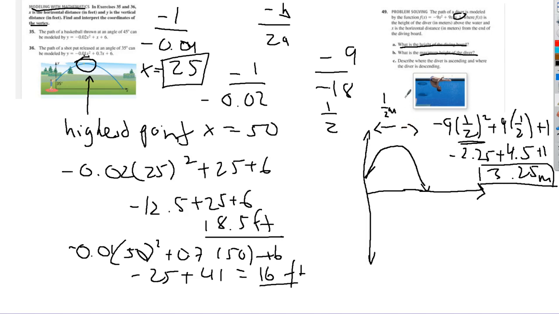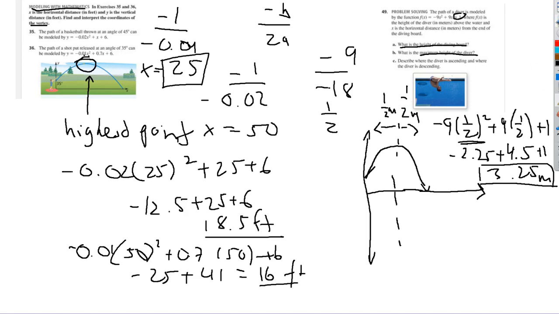After the diver travels 1/2 of a meter, it's descending, because remember, it's symmetrical. So what goes up must come down. That's basically what we're dealing with. So before 1/2 of a meter it goes up, and then after 1/2 of a meter is traveled, it goes down.